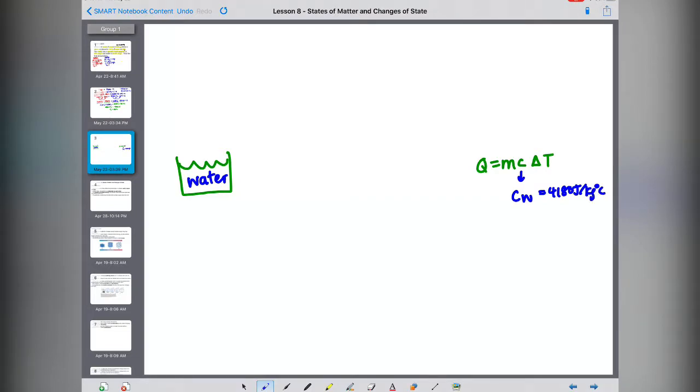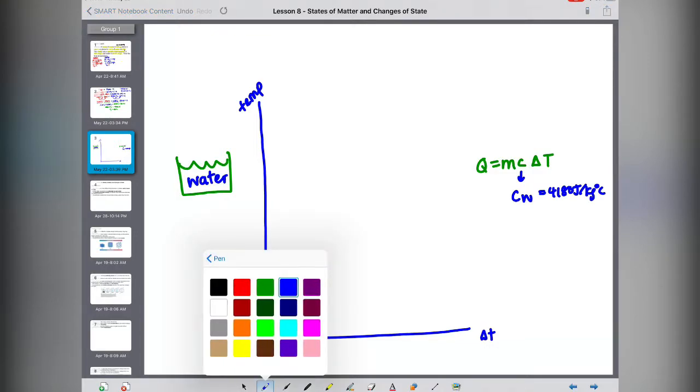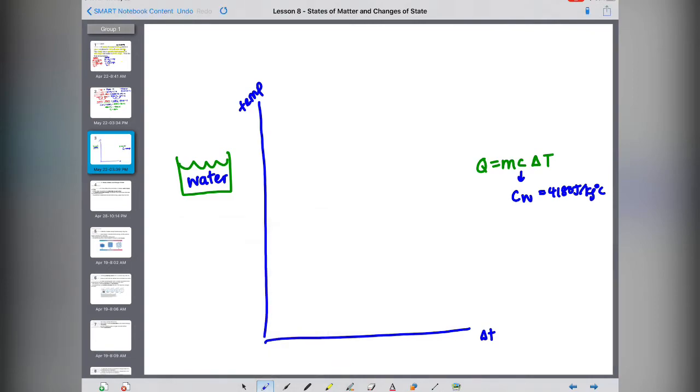Okay, we have this thing called the heating curve. What the heating curve is, we find out what the temperature is at a certain time when I keep inputting the heat. Okay, so if I have water, say for example, I'm just making this up, say I have this water that started off at 10 degrees Celsius.